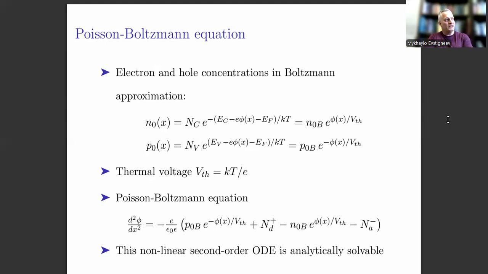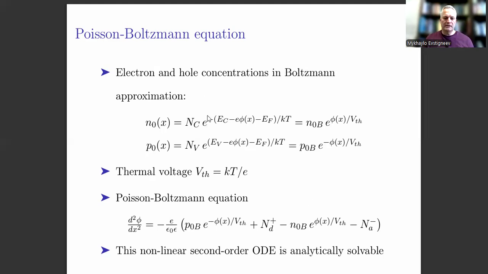So if EC is the energy of the electron at the bottom of the conduction band, this needs to be replaced, or shifted, or offset by this value of the electrostatic energy of the electron. So EC becomes EC minus elementary charge E times the electric potential phi of x at a given point x.